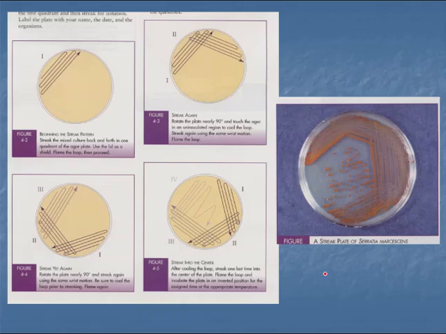You start out with some of the microorganism on a sterilized loop and start by streaking that back and forth through one portion of the agar plate. Then you re-sterilize the loop, and then you just track through the edge of that. You see how it's just dipped into the edge and then back and forth. And then that is continued on around the plate.